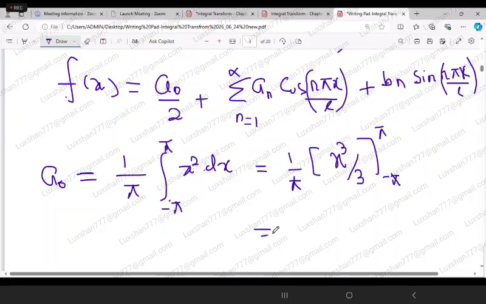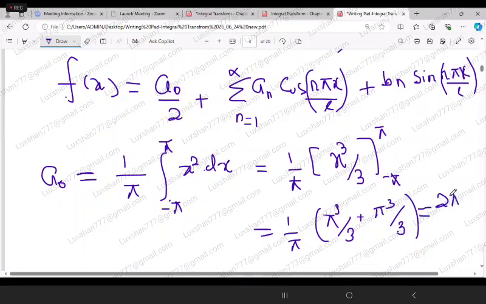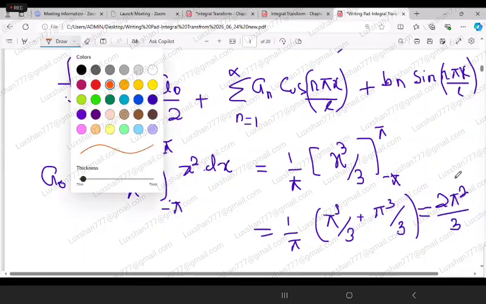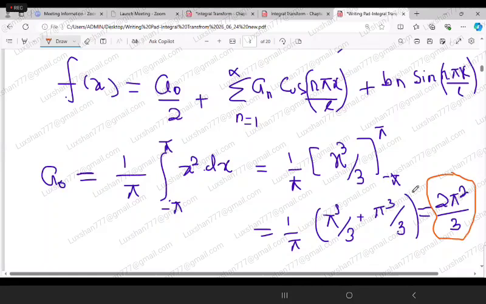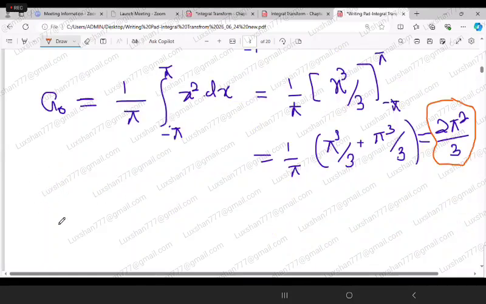Substituting the values, we get pi cubed by 3 minus minus pi cubed by 3, which becomes plus pi cubed by 3. Simplifying, that becomes 2 pi squared by 3. So a naught is found.